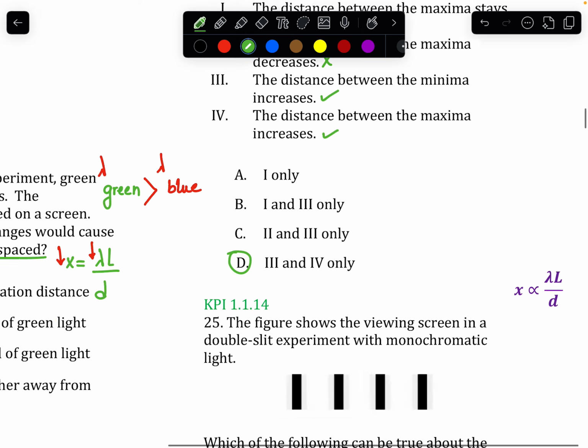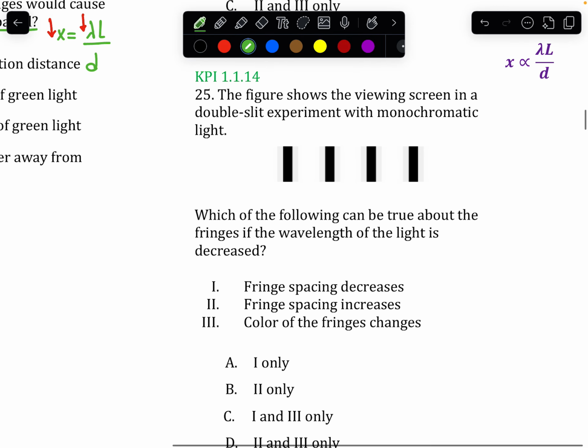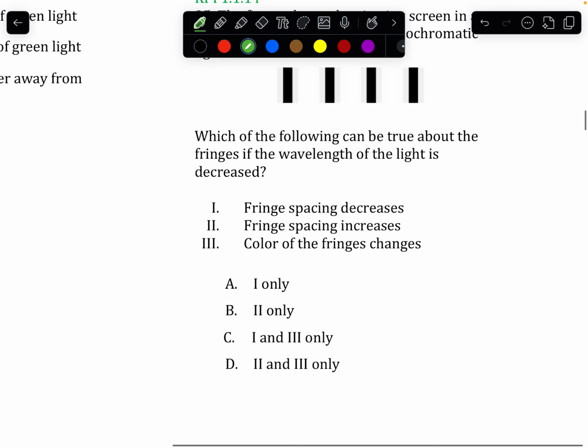The figure below shows the viewing screen in a double slit experiment with monochromatic light. Which of the following can be true about the fringes if the wavelength of the light is decreased? So again, x is proportional to lambda L over D. So when the wavelength is less, the spaces x between the fringes decrease. Fringe spacing decreases, yes, correct.